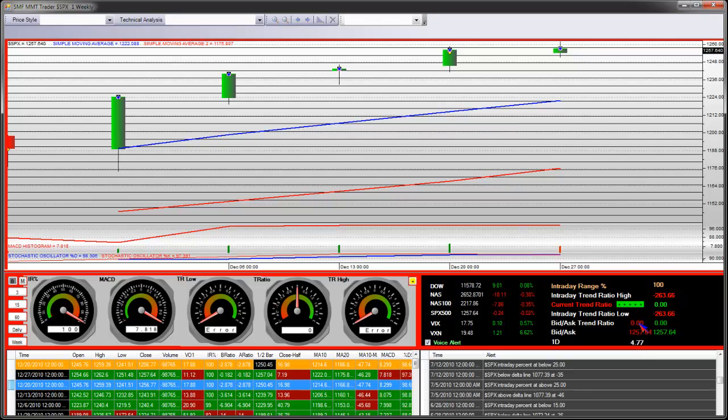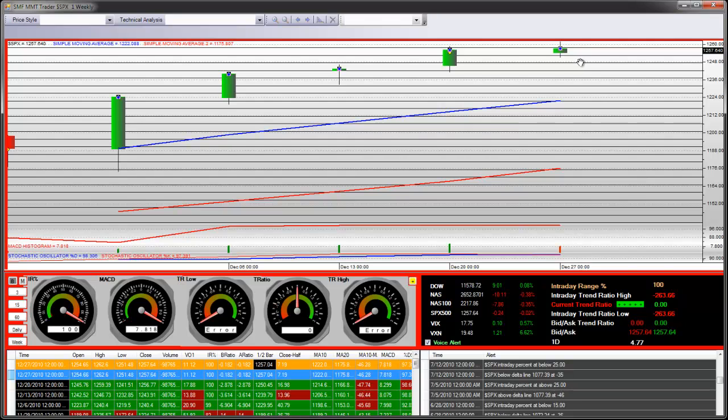Remember, it's 4.77 per line priced for January 3rd, and you're looking for a weekly close below this. So let's take a look at this half bar right here. That's this bar right here, the 1227 bar, 1257.04.